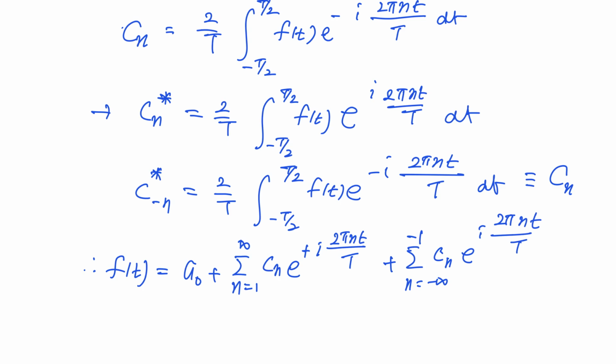So this one, C minus n complex conjugate, is actually the same as Cn.